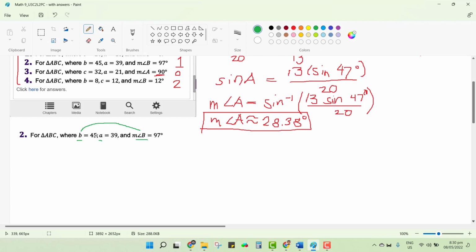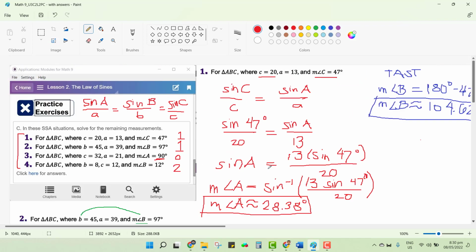Since the next side measurement is A, we are going to look first for angle A. Let us have the sine of 97 degrees over the measurement of B, which is 45 units, equal to the sine of angle A over 39.